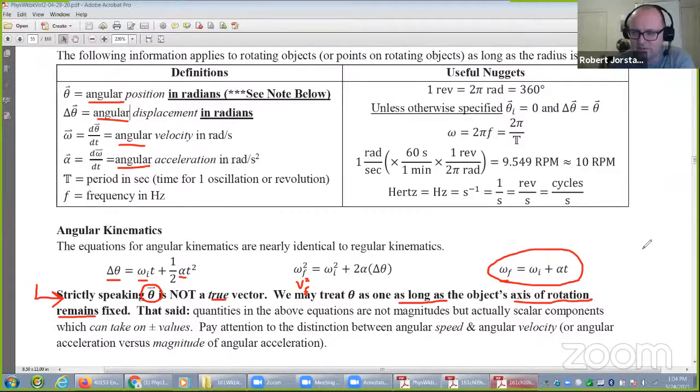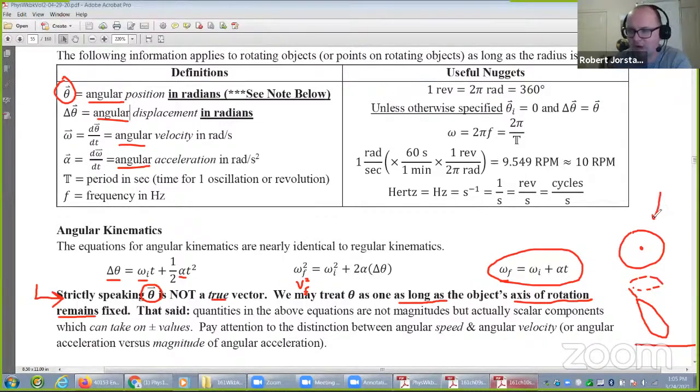So essentially, if you're talking about a disk that spins about an axis like this, it's totally reasonable to treat theta as a vector. But if it's a spinning top where the axis of rotation is precessing like this, then it's not. So this would not be a true vector in that case.